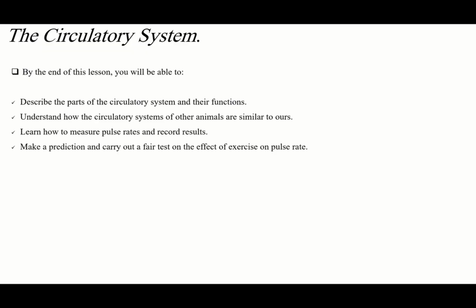And also you will be able to make a prediction and carry out a fair test on the effect of exercise on pulse rate. And also you will be able to use evidence to explain your findings.